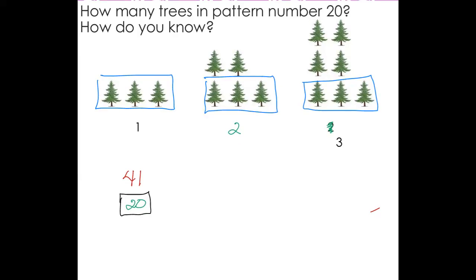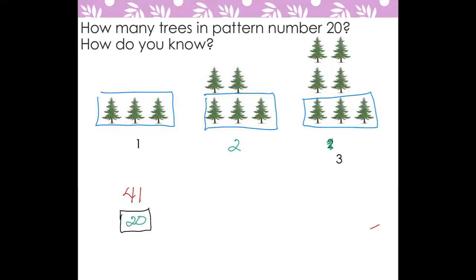I subtracted 3, because there's already 3 trees there, and then I multiplied it, so I did 2 times 17, which gave you 34, and then plus the 7 that's there on figure 3, which gave you 41.